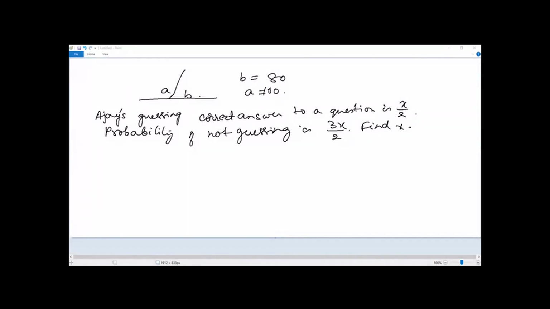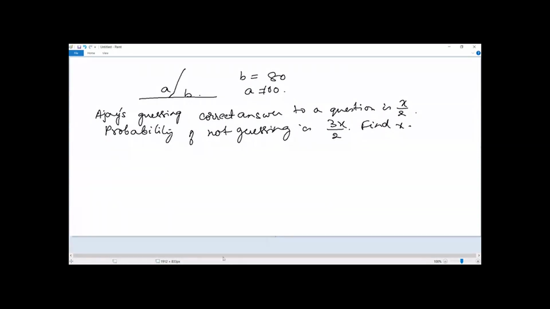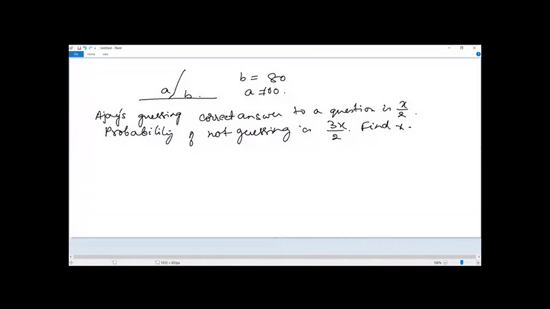Pooja has to answer. Guessing correctly is x by 2. Not guessing is 3x by 2. So what is the value of x? Anybody has written?